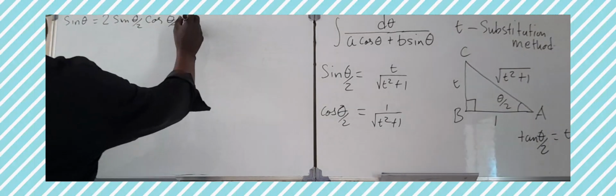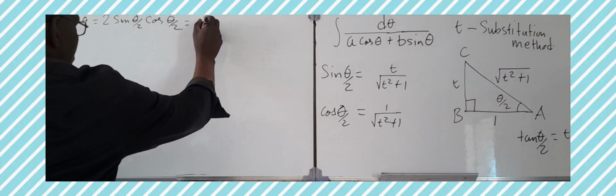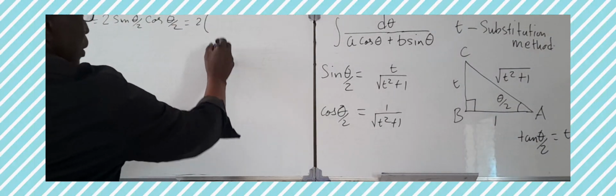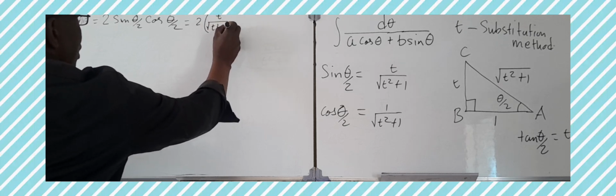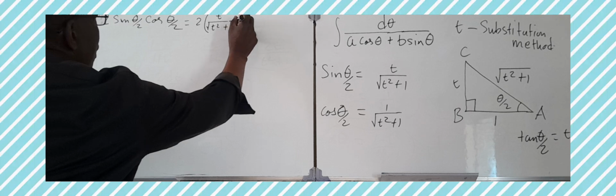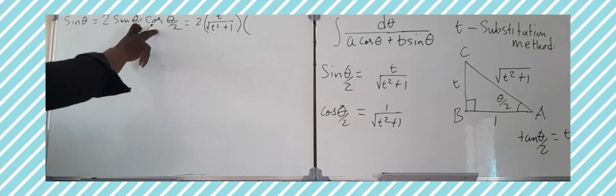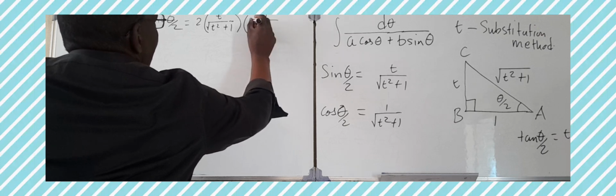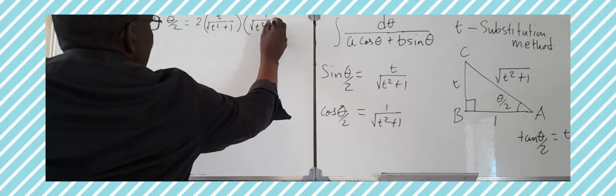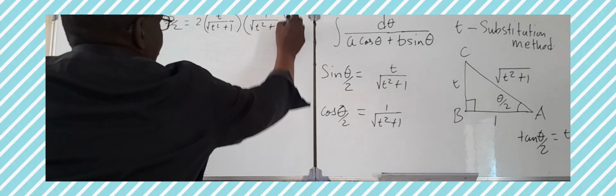So this is equal to 2 times T over the square root of t squared plus 1, multiplied by 1 over the square root of t squared plus 1.